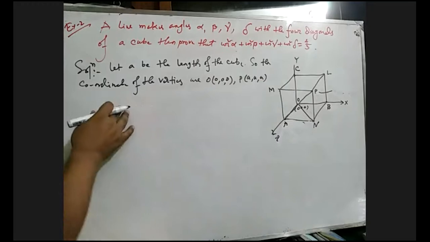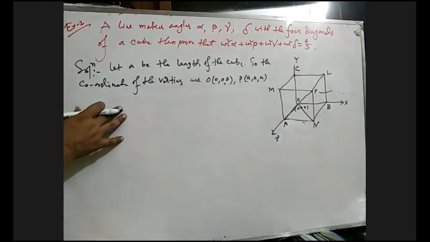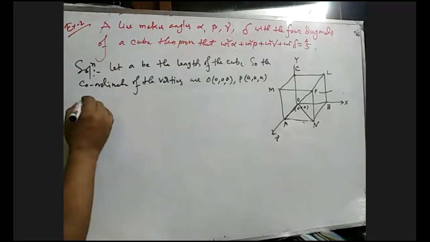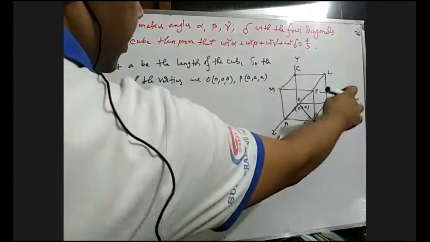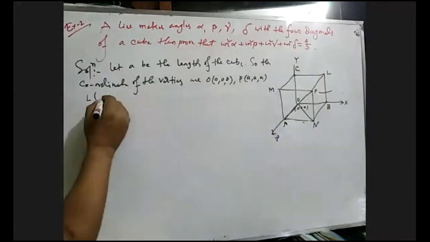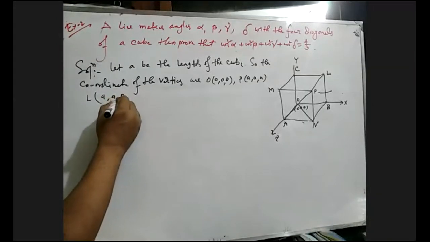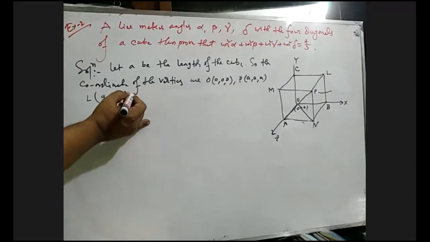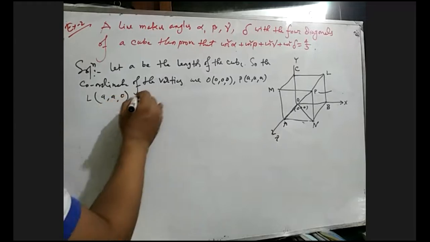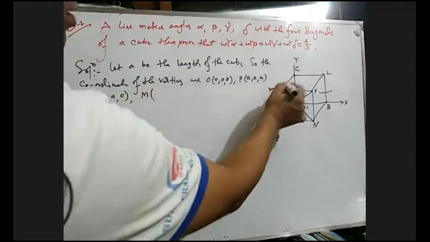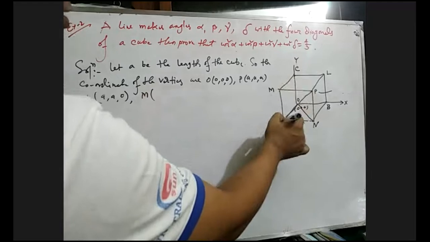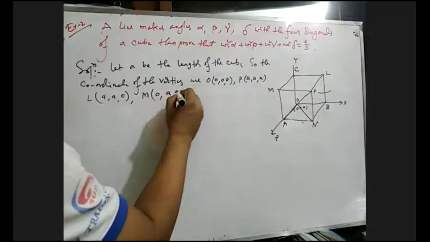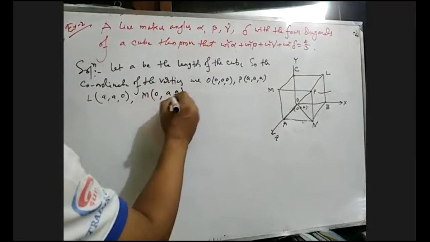All lengths are the same, x equals a, y equals a, and z equals a. Then L point, where z is absent, so it will be a a 0. Then M point, here y and z axis present but x axis length 0, so 0 a a.